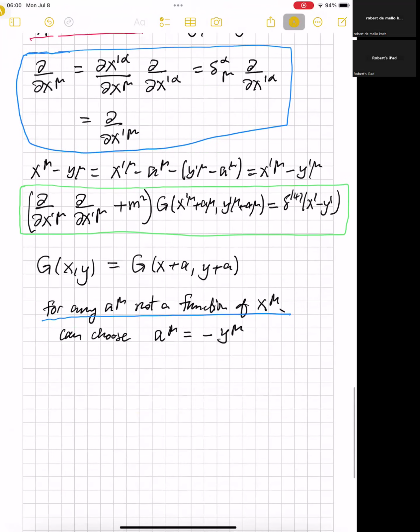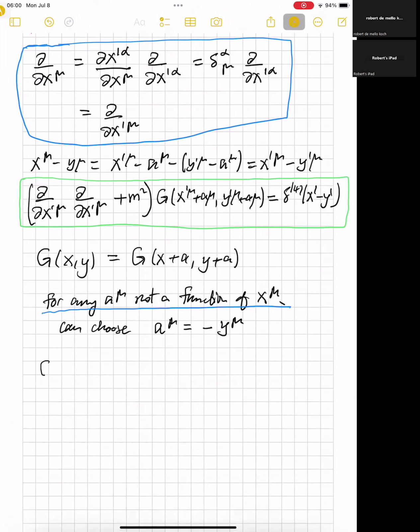If we do that, we learn that G(x, y) is equal to G(x minus y, 0). And that means whatever this function G(x, y) is, it is actually only a function of x minus y.